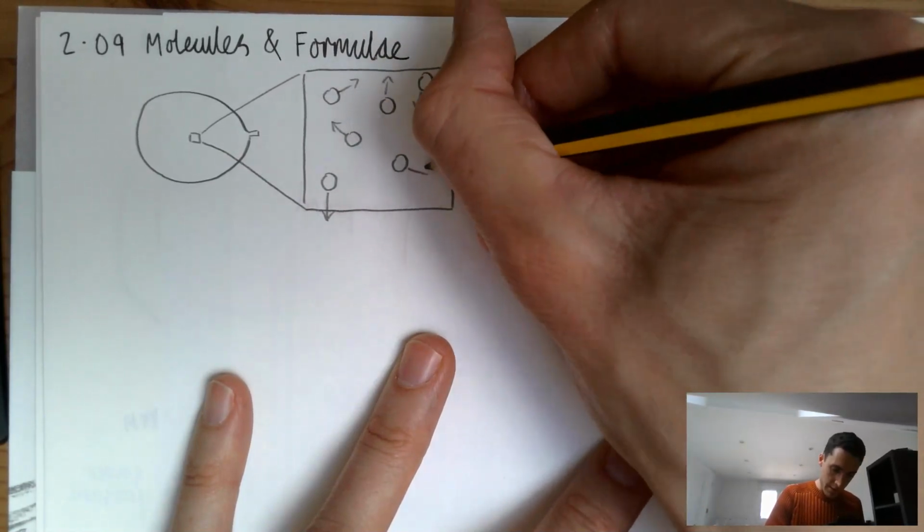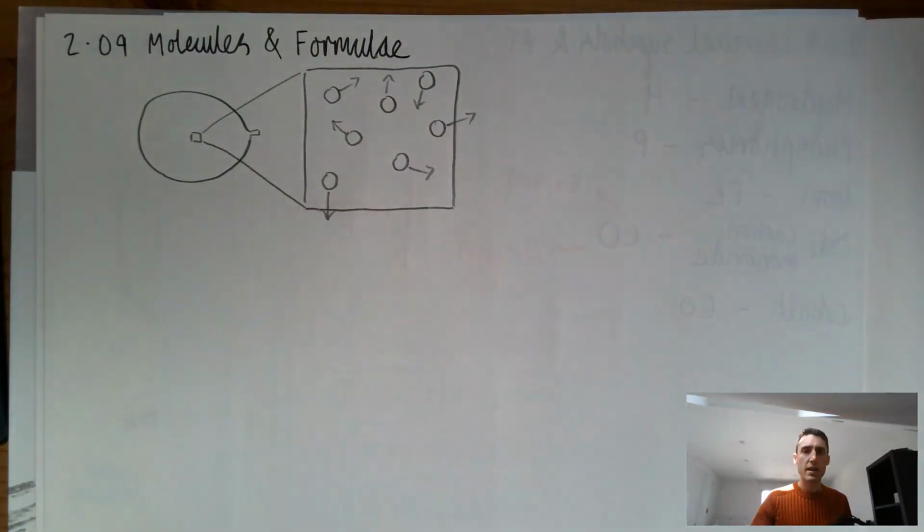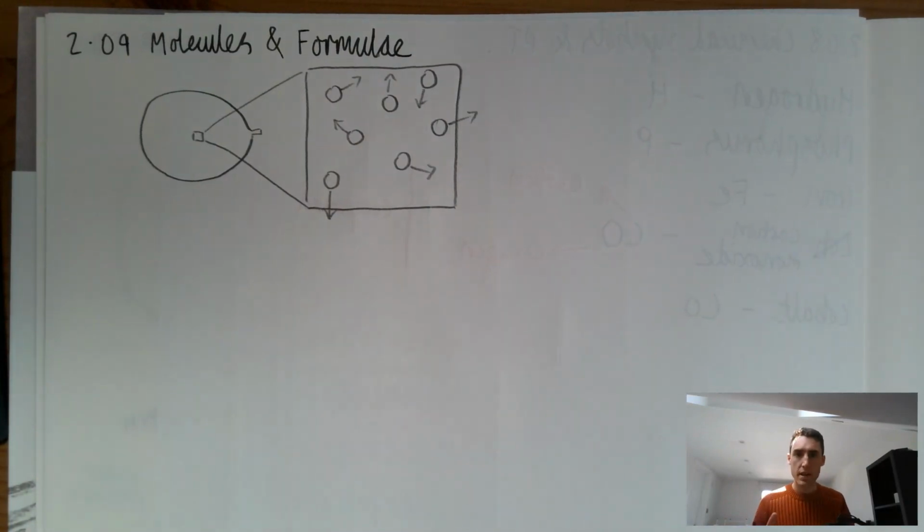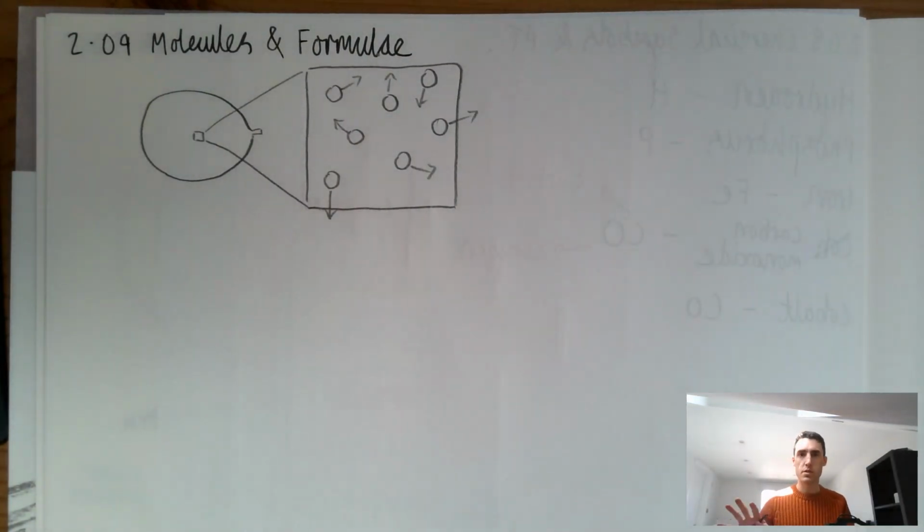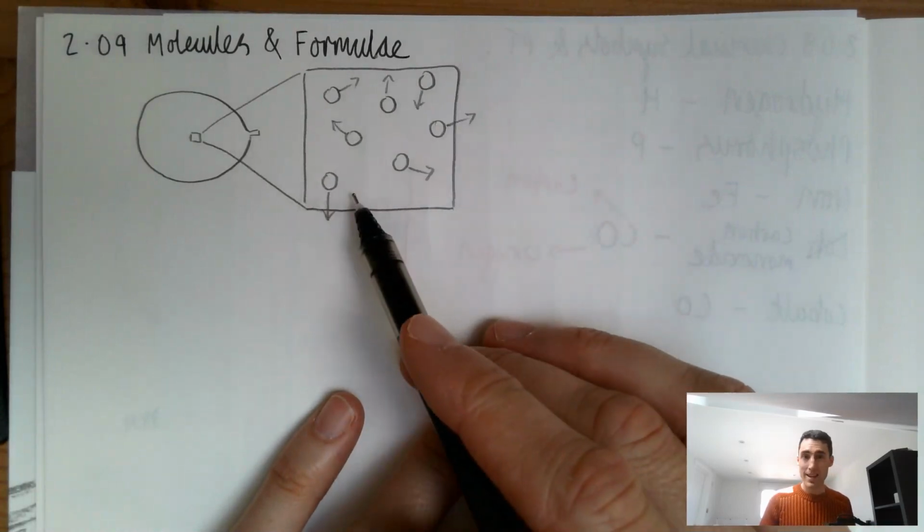The reason I'm doing this is because I'm going to refine their picture, but I want to start with something that they're familiar with. And then, once I've reminded them of that, I can make it a bit more accurate.